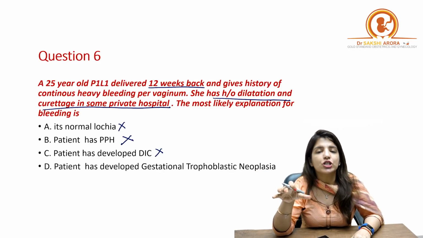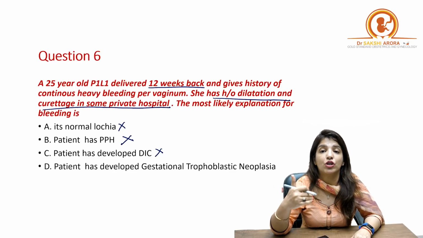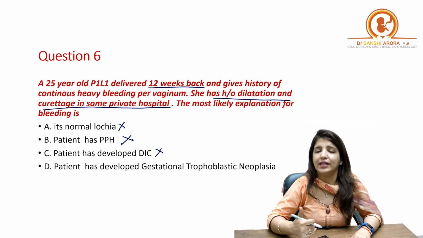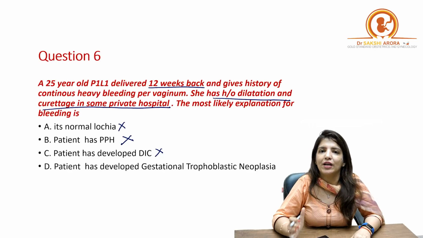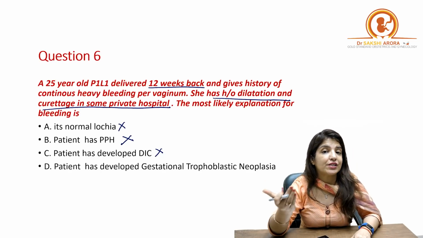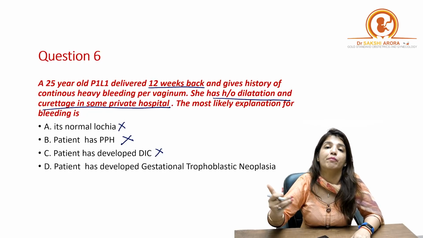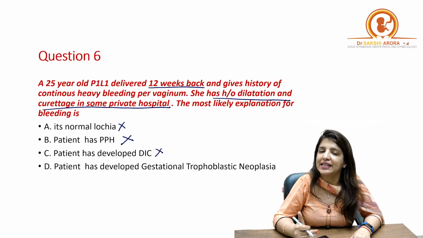But gestational trophoblastic neoplasias can happen after normal delivery also, and we have been repeatedly telling you in class that gestational trophoblastic neoplasia which develops after normal delivery is a high risk variety, right? Because after normal delivery, we do not do a beta HCG follow-up, and that is why they are detected at a late stage.